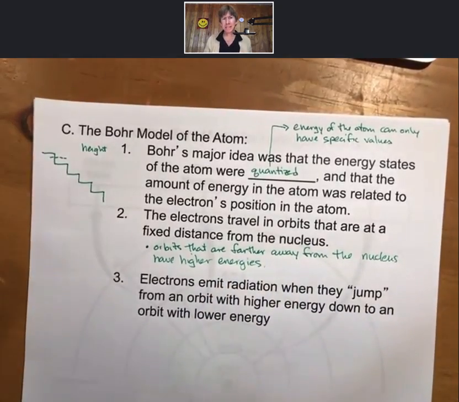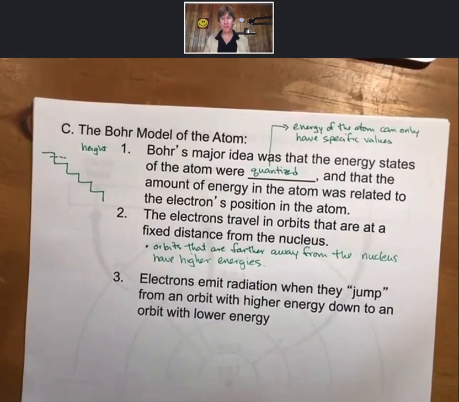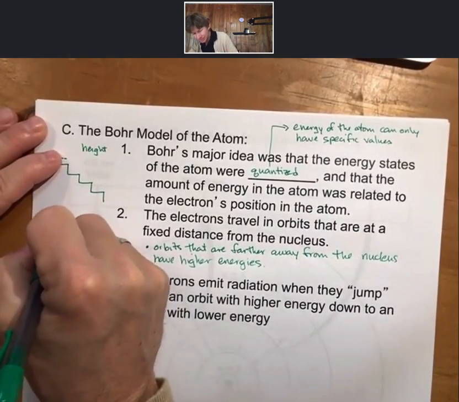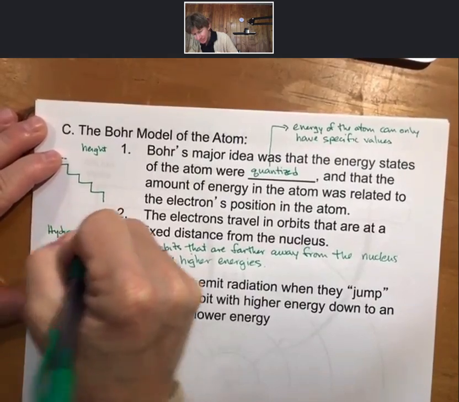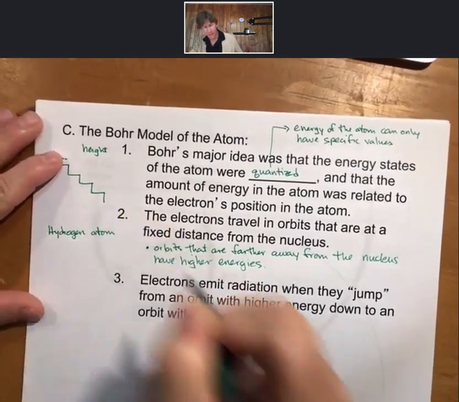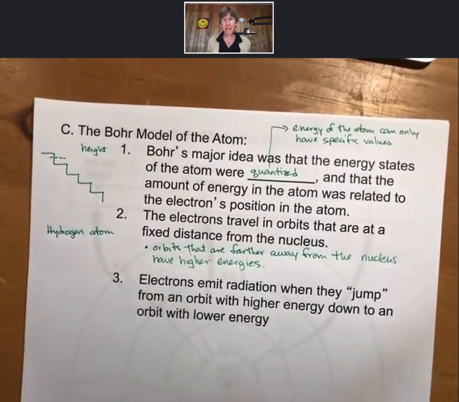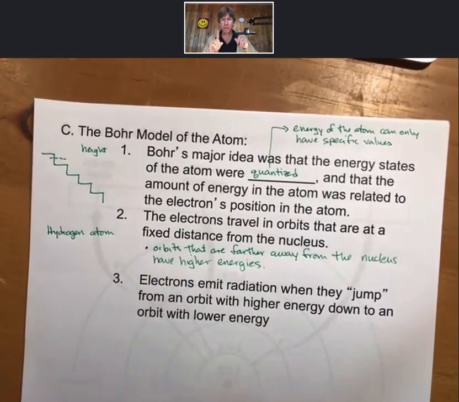And this takes us back to something we've talked about before. If we think specifically about the hydrogen atom, then the hydrogen atom has one proton, one electron.